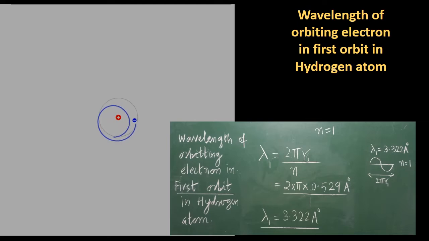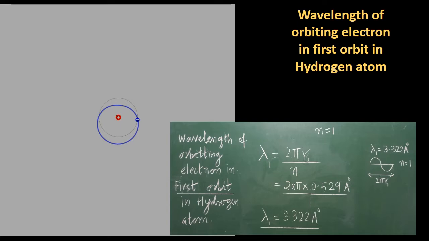Slowly I am moving and I am going to place the electron exactly on the first orbit. Look, you are able to see the movement of the electron in a standing wave pattern. Nearby, the wavelength of the electron which is moving in the first orbit is also calculated.